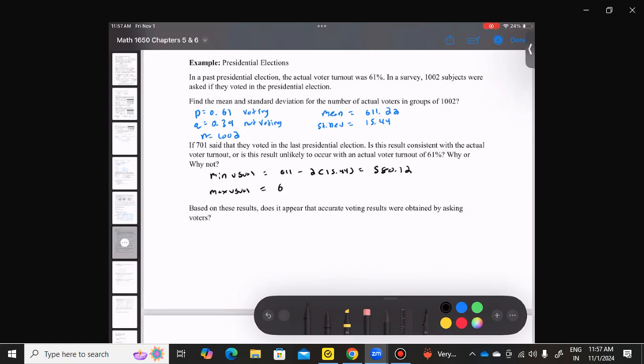And 611 plus 2 times 15.44 gives you 641.88. So 701 saying that they voted is unusual.